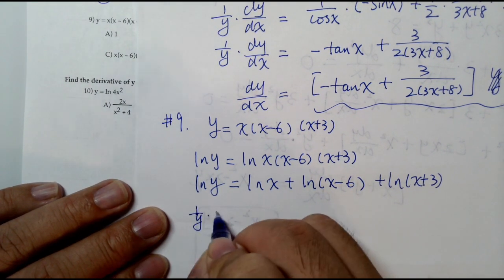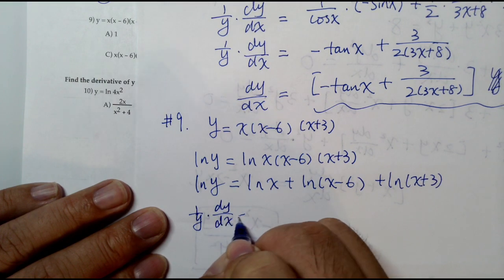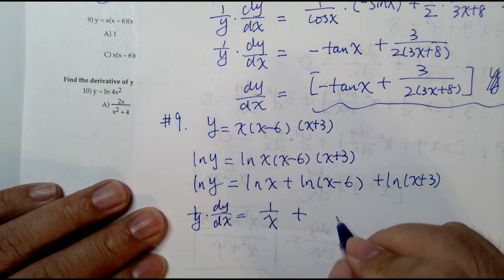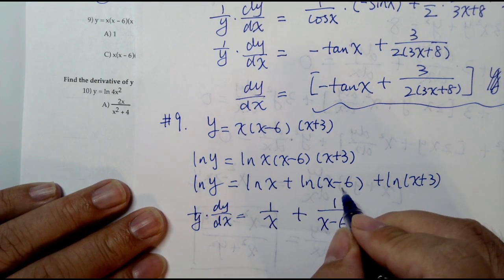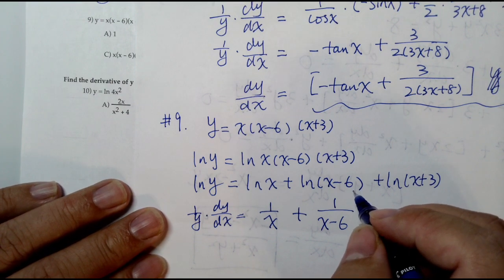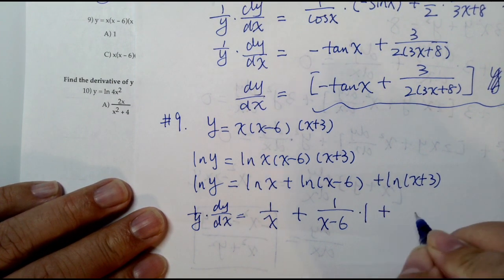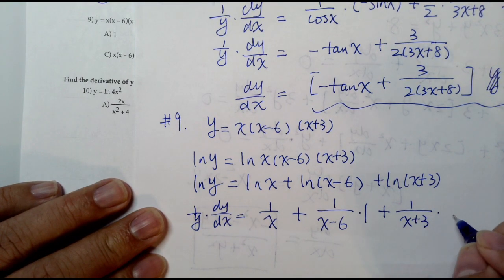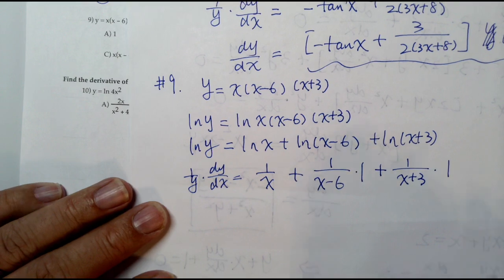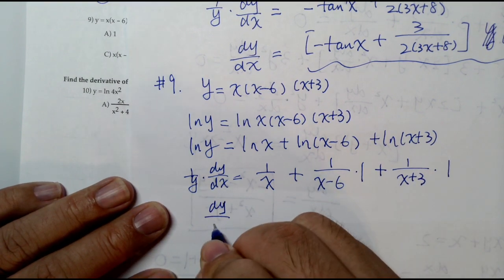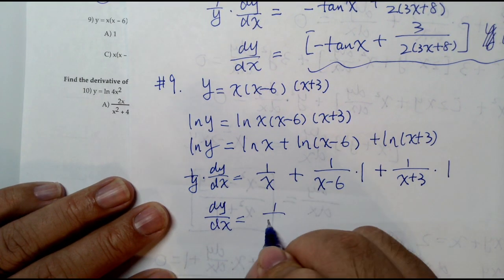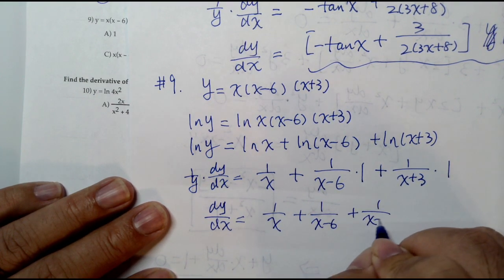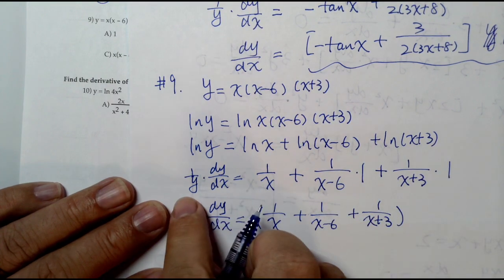That's 1 over y dy/dx equals the derivative of this guy is 1 over x, the derivative of this guy is 1 over x minus 6 times the derivative of x minus 6, which is 1, plus 1 over x plus 3 times the derivative of x plus 3, which is also 1. So, dy/dx equals that, and then remember it's multiplied by y, right?